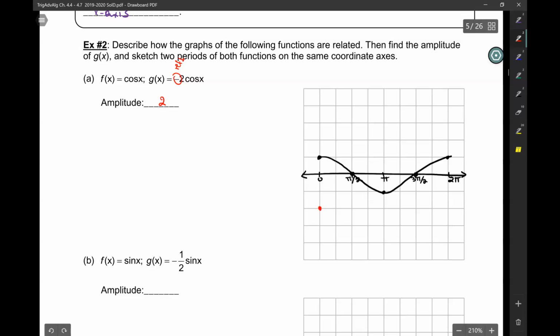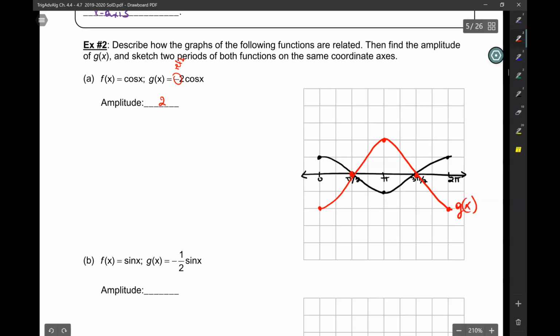Now, we always oscillate around the x-axis. So from that point in red, where am I going to go? To 0. So it's minimum, 0, maximum, 0, minimum. Okay? That's g of x.